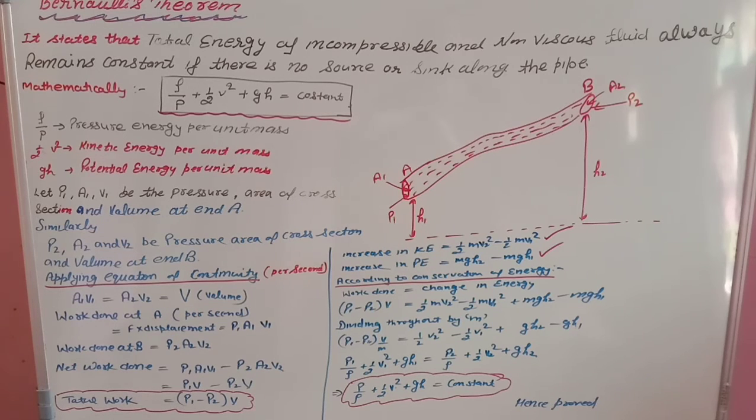Similarly P4 upon rho plus half V4 square plus g h4. In the similar way it will go on. That means P upon rho plus half V square plus g h is equal to constant. So dear students, you can see the first and last expressions are the same. That means we have proved Bernoulli's theorem.